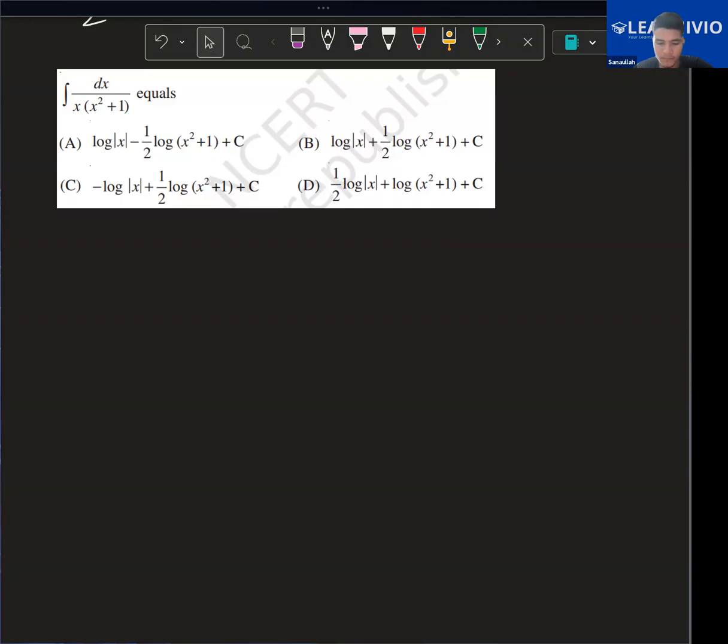Yes, sir. तो आपका आंसर log mod x minus half log mod x squared plus 1.